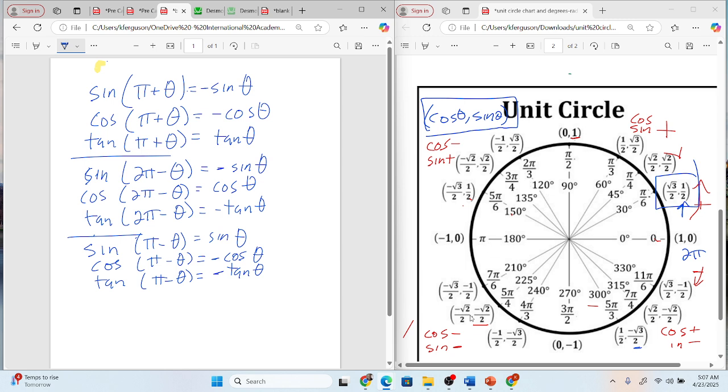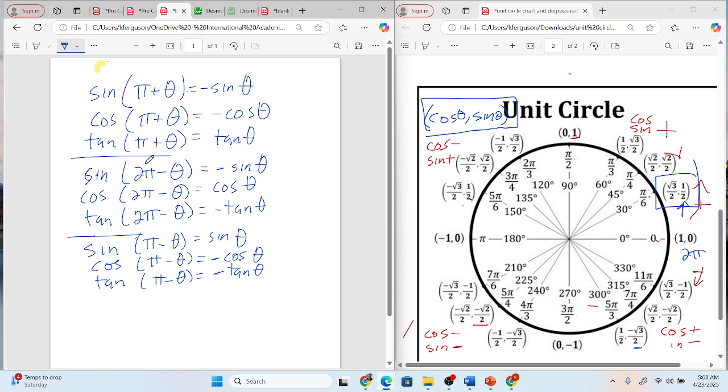And where am I at? My cosine is negative square root of 2 over 2. And remember, tangent is just sine over cosine. So if sine is going to be negative and cosine is going to be negative, the negatives cancel off. And so if I got tangent of that, it's just positive.